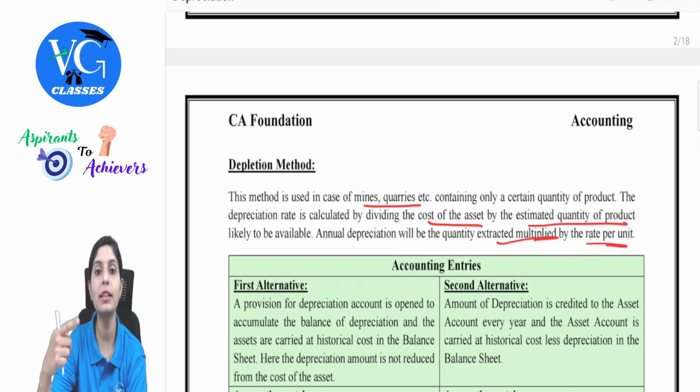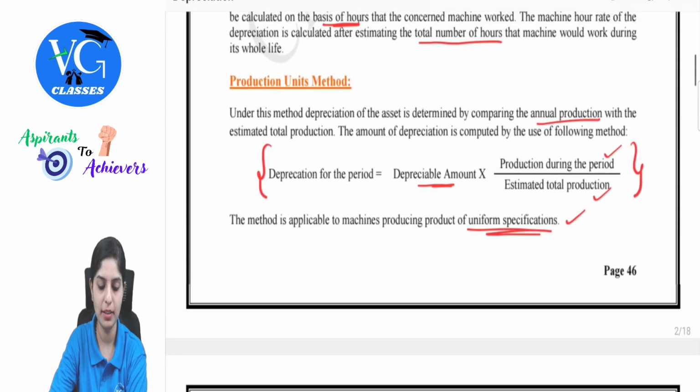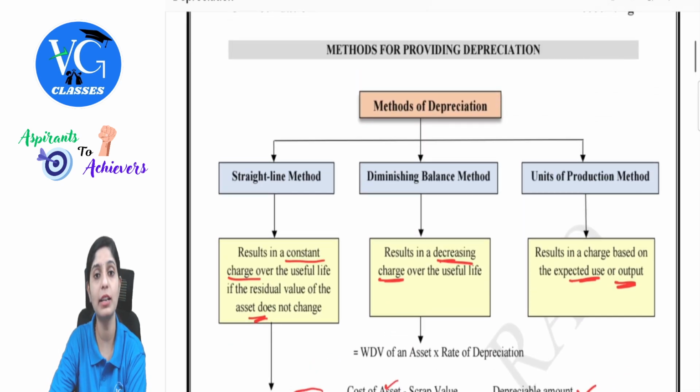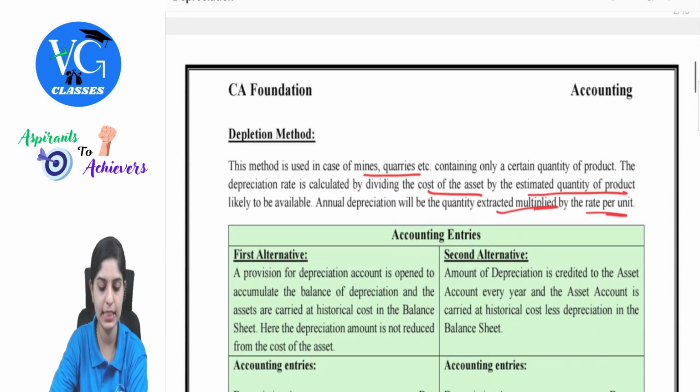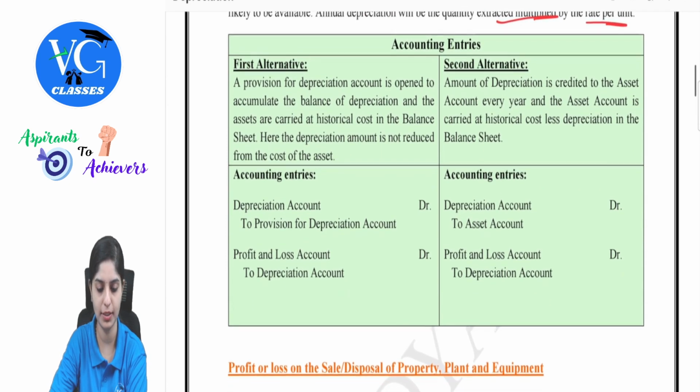That will give us depreciation under the depletion method. All these methods are simple enough if you understand the way of calculating them. We will understand this in detail with respect to questions.